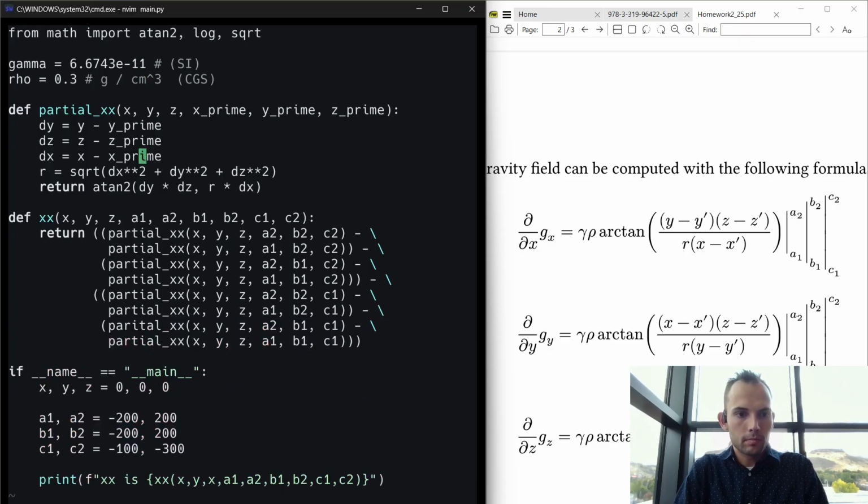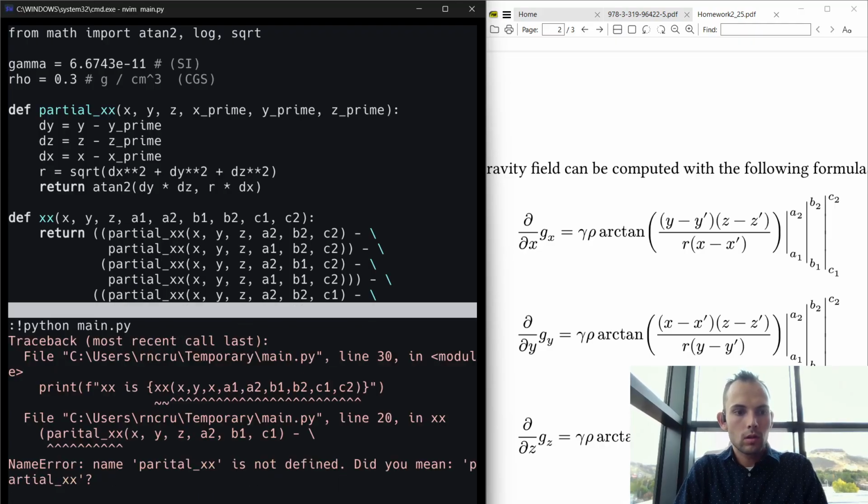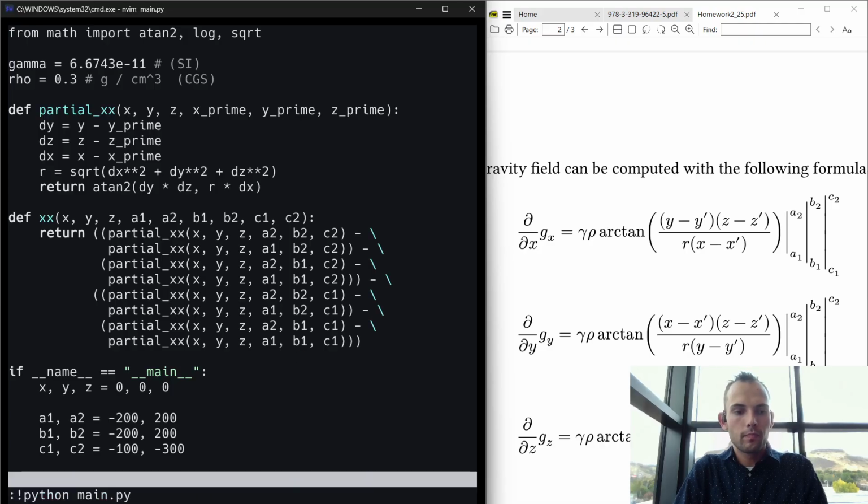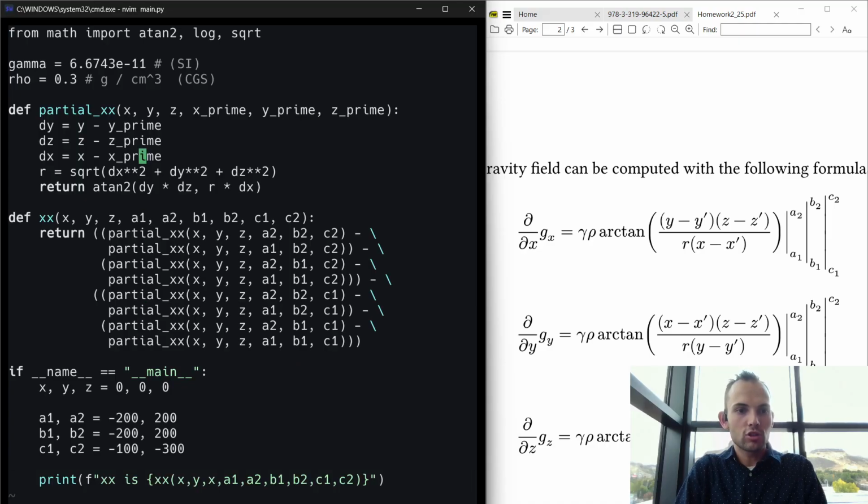Oh, spelling. Where's that? Line 20. My eyes cannot even see the... Okay, so it says it's 1. I have no idea whether that's reasonable or not. Let's just assume it is. Keep moving.